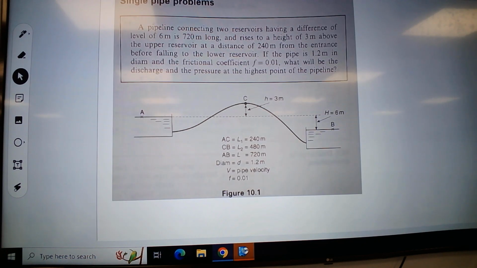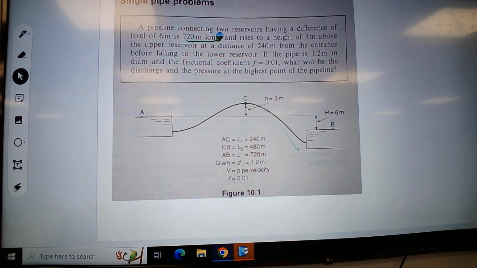Now let's say I got a problem: a pipeline connecting two reservoirs having a difference of level of 6 meter, and 720 meter long. So this is the first reservoir, and the top of this reservoir and the top of this reservoir, the datum difference is 6 meter in height, and it's over a length of 720 meter.